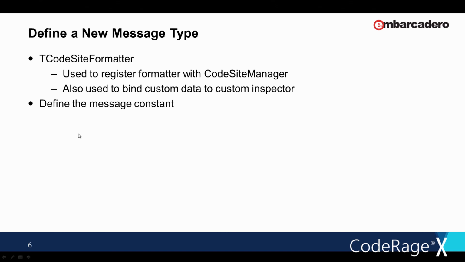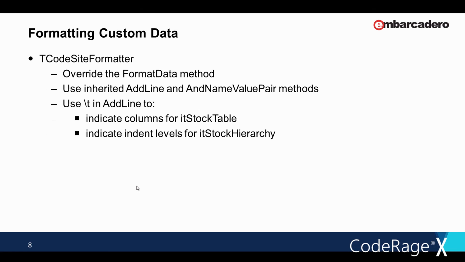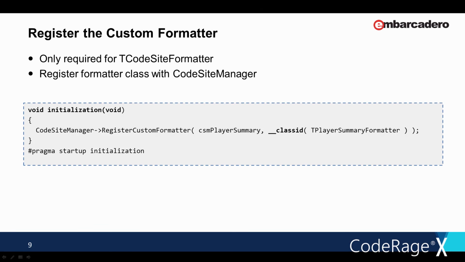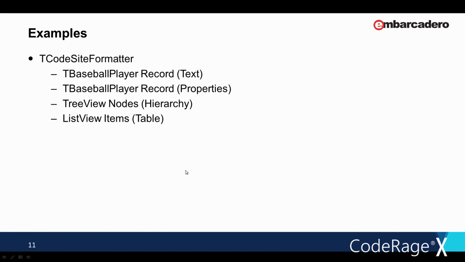And define your message types, select from your various property values, use your add line and add name value pair methods. And here we've already shown some of the pieces there, sending the custom data. We've gone through each of the examples.